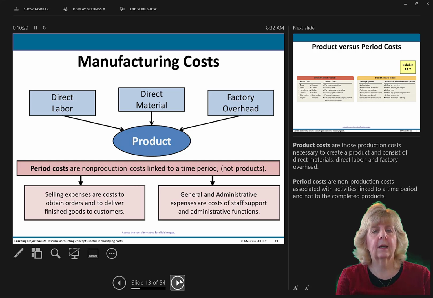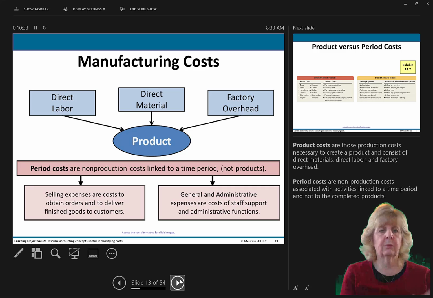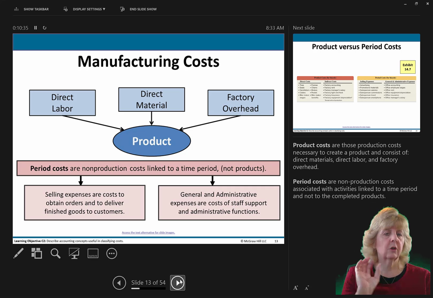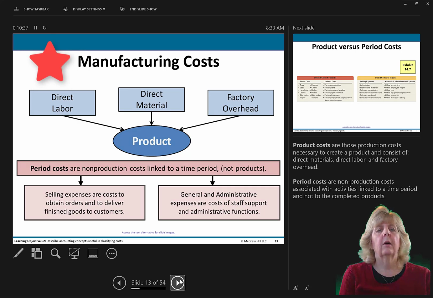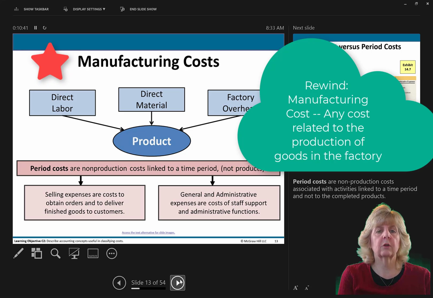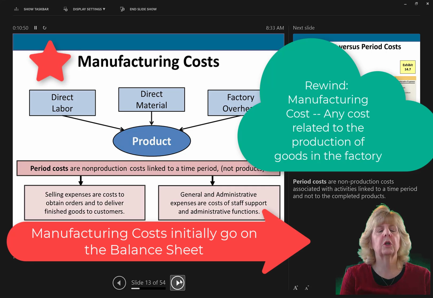So once again, I think the author is kind of questionable in the order that he placed these slides in. This is a great summary slide. Manufacturing costs are those costs related to anything that is produced in the factory. If something is a manufacturing cost, it's going to go on the balance sheet.